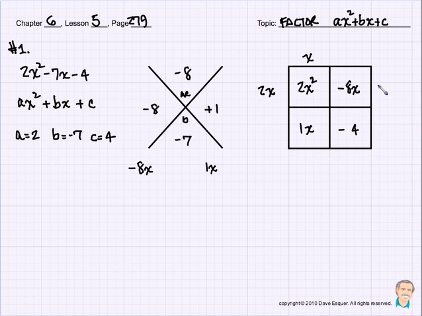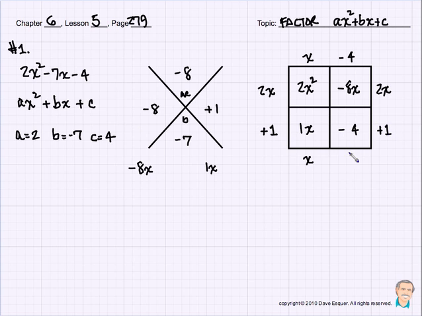If this length already is 2x, then this length in the upper right side must be a minus 4. If this distance in the lower left box is already x, well then this other side must be a plus 1.